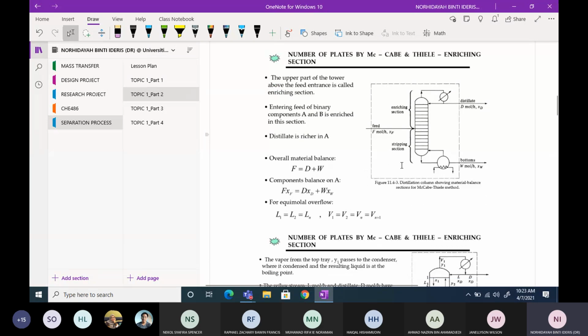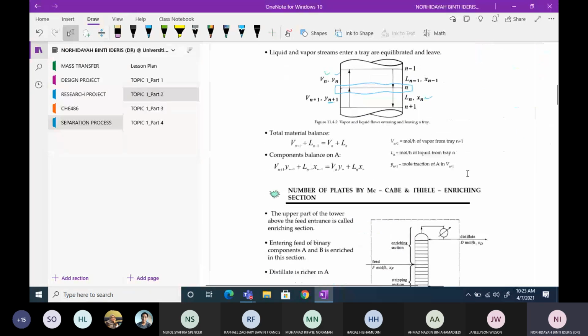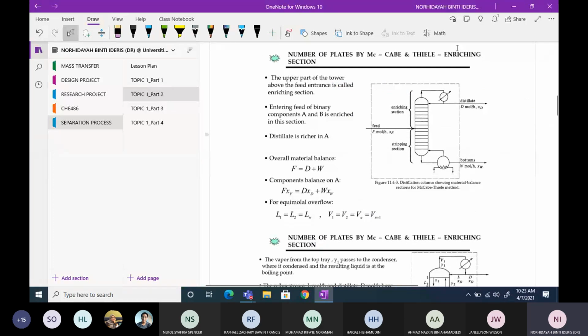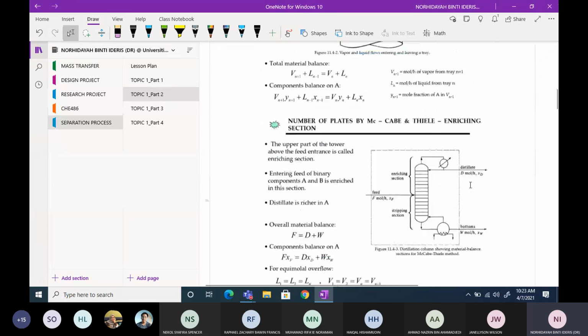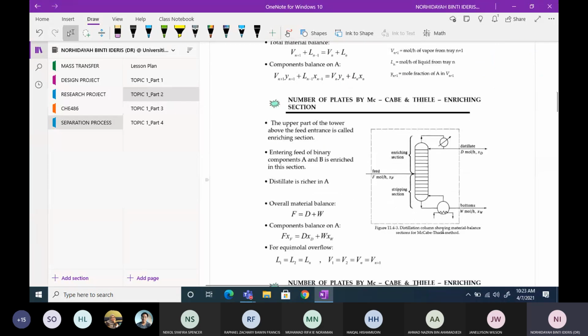Okay, so this is the sketch. I think this one is much simpler compared to the previous figure. This is the sketch that we are going to use when solving the problem of the distillation column. You have this column and you have a feed, and the molar flow rate we label as F, and the mole fraction of A we label as XF.